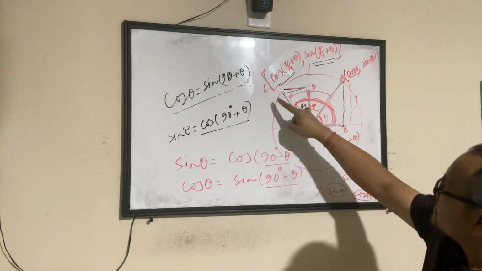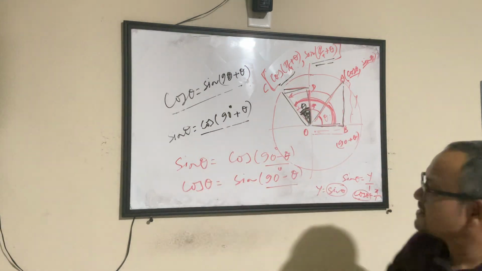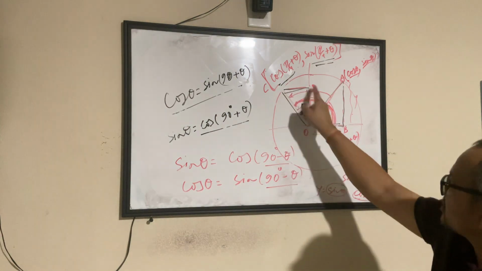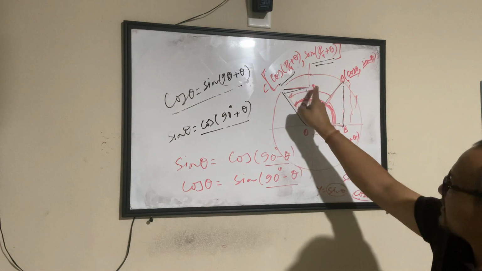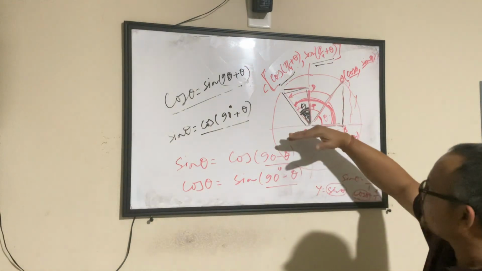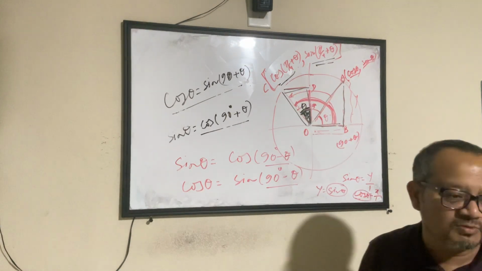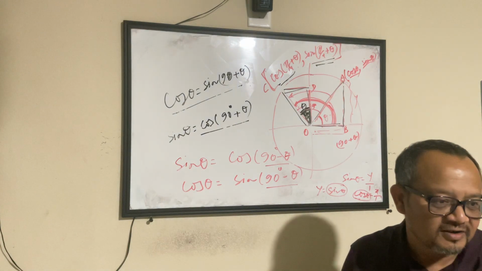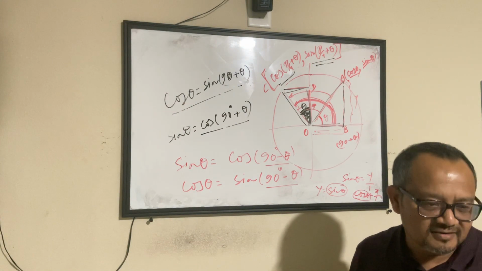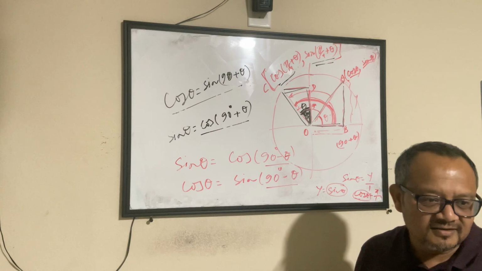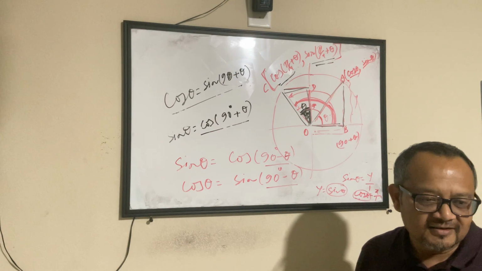Now this theta is 45 degree. So what is the value here? That is sine 45 degree, 1 by root 2. Since this is falling in the second quadrant, it will be minus 1 by root 2. Yeah?